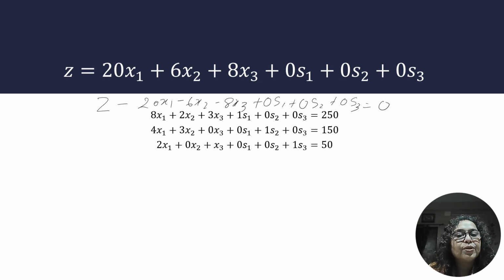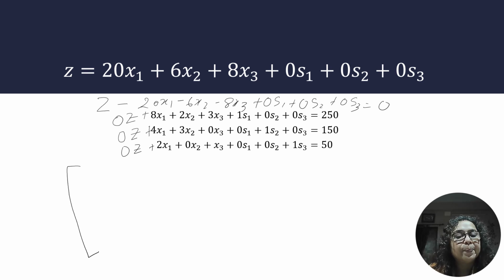And since the coefficient of z here is 0, I can simply write 0z plus this constraint, 0z plus this constraint, 0z plus. So we have a matrix which includes z, and it will look like this.